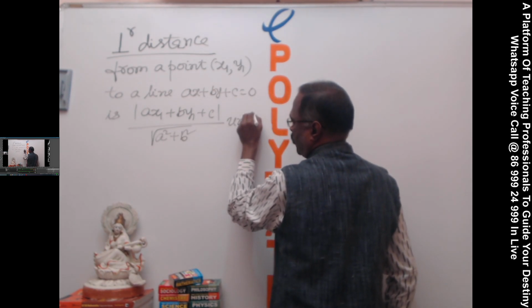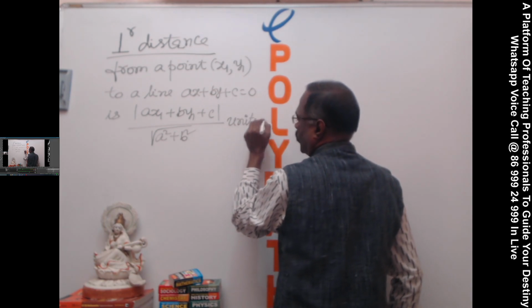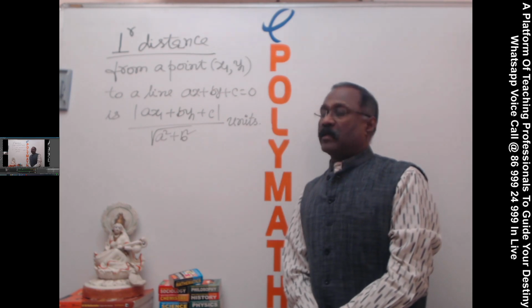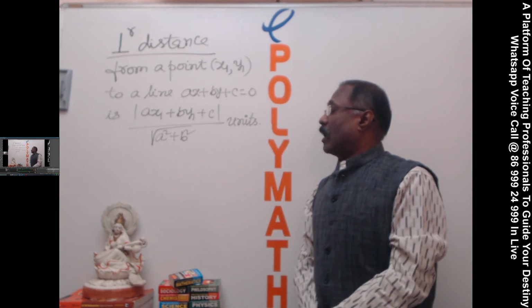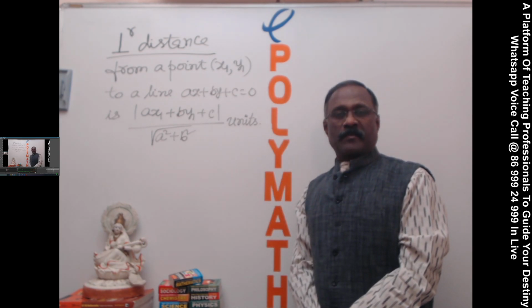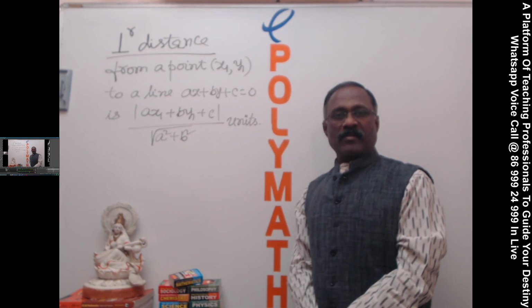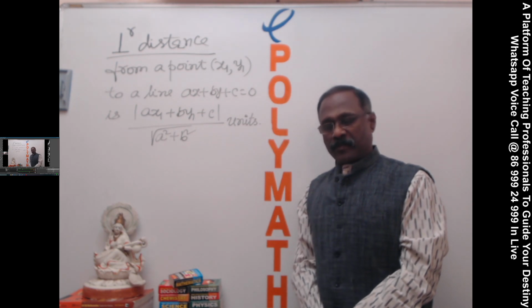Units, please, because it is a distance. This is the statement: perpendicular distance from a point (x1, y1) to a line ax plus by plus c equal to 0 is modulus of (ax1 plus by1 plus c) by root over a square plus b square.